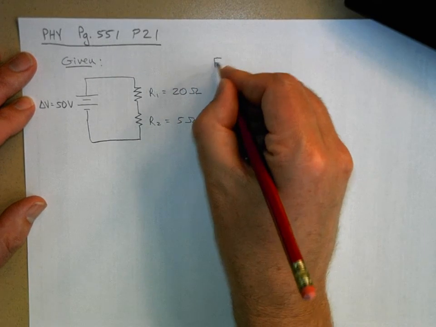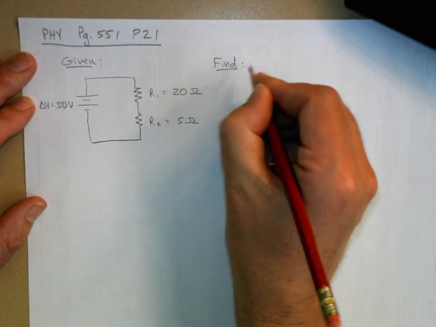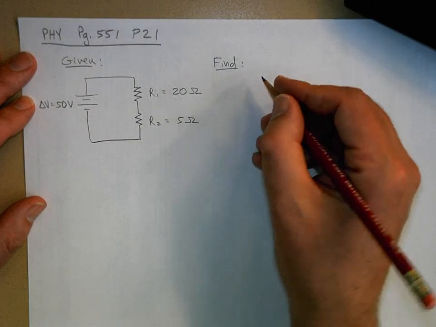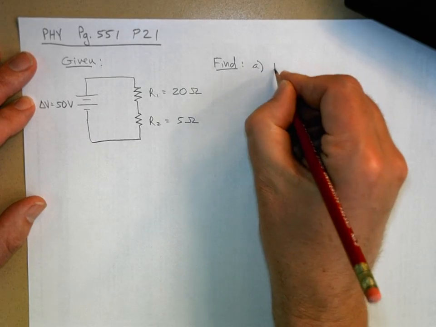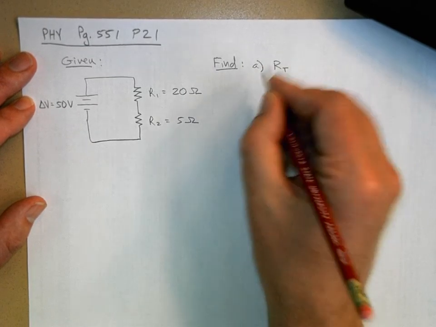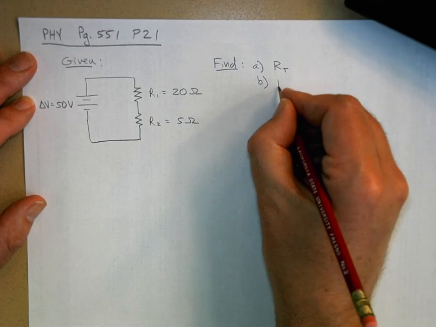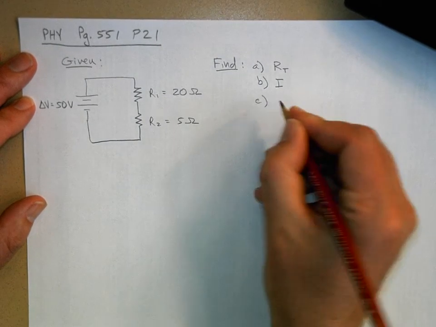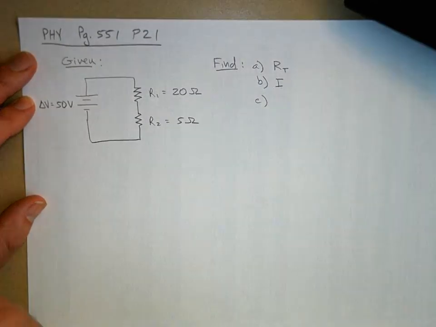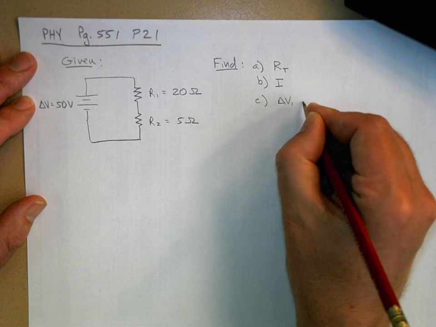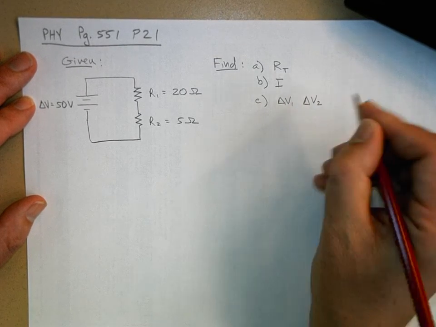And what we want to find: A, the equivalent resistance of the circuit, sometimes I call that the total resistance. Then B, the current in the circuit. C, the voltage drop across each lamp, and I'll call that delta V1 and delta V2.